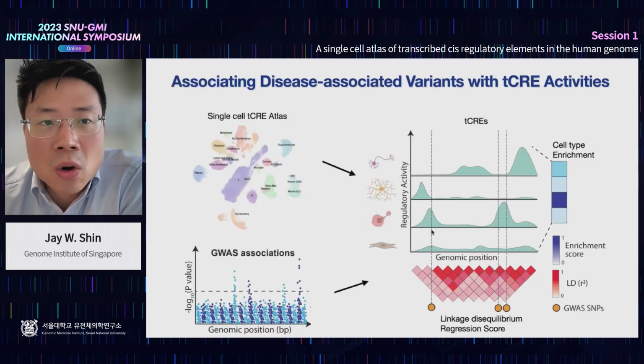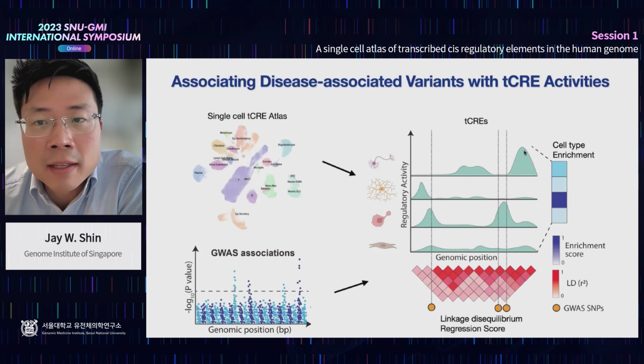But ultimately, our goal was to integrate our TCRE, or cis-regulatory element, activities of both promoters and enhancers together with all the GWAS genetic traits that have been summarized for the past decade or so, and understand what the transcriptional activity in the promoters and enhancers co-localized with all the genetic SNPs that have been characterized in the past.